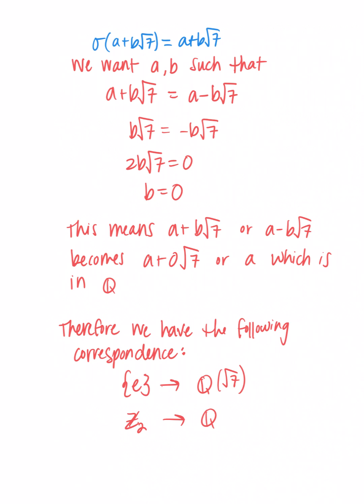Well, if b equals 0, this means that a plus b root 7 or a minus b root 7 must become a plus or minus 0 root 7, or just a, which we know would be in our rational numbers, in our original field Q. So we must have the following correspondence. The identity maps to Q of root 7, since it sends every element back to itself. And Z2 maps to our field Q.